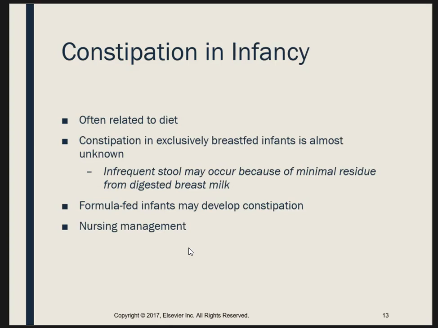In infancy, constipation is most often related to diet. And this is huge. It can be a very big stressor for families, especially first-time parents.